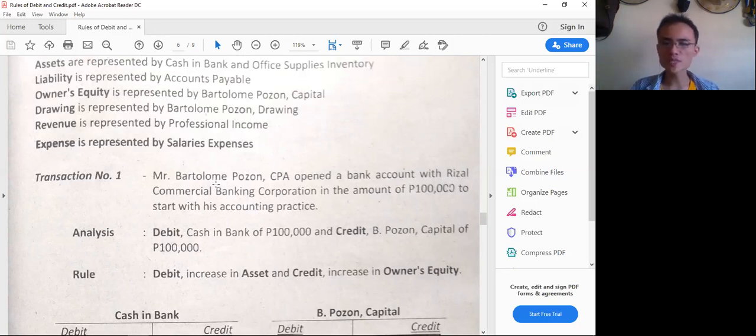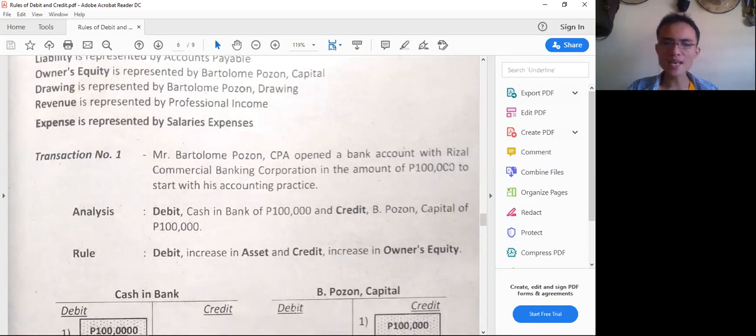Remember, debit means the value received, also known as left, while credit is the value parted with, or the right side. When we analyze transactions, we analyze from the point of view of the business, not of the owner. So do not be confused.